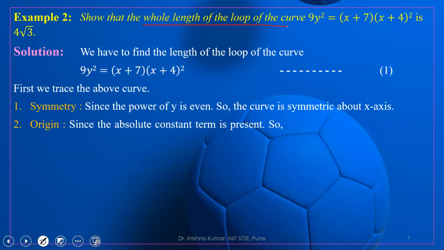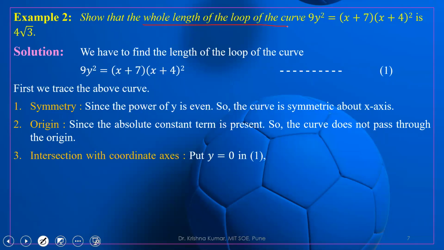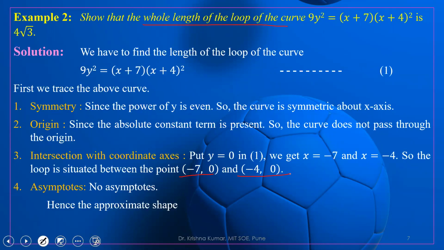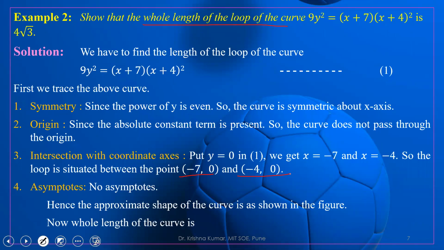Origin: since the absolute constant term is present, the curve does not pass through the origin. Intersection with the coordinate axis: put y equal to 0, we get x equal to minus 7 and x equal to minus 4, so the loop is situated between the points (minus 7, 0) and (minus 4, 0). Asymptotes: none, hence the approximate shape of the curve as shown in the figure.